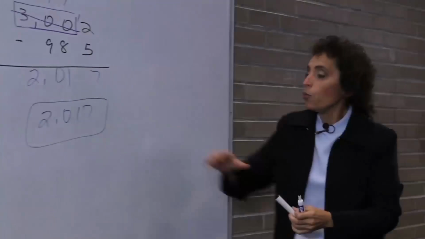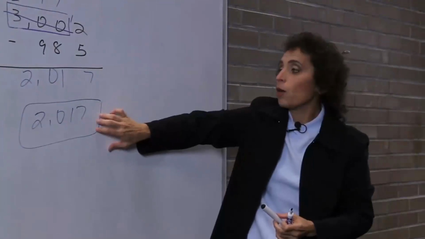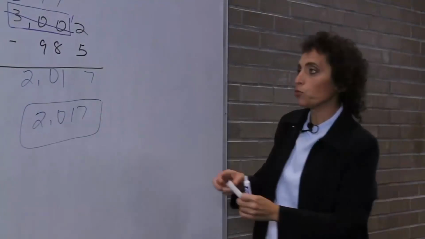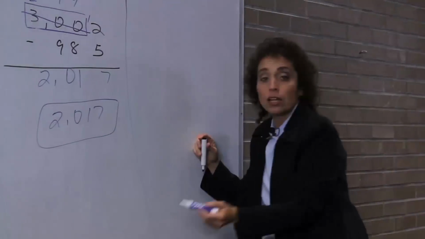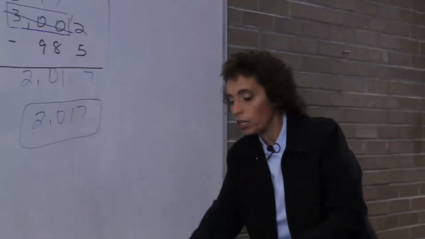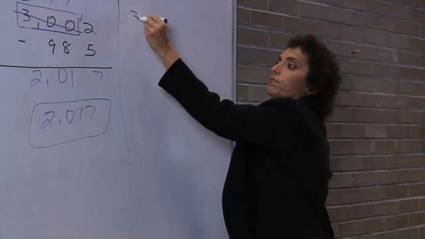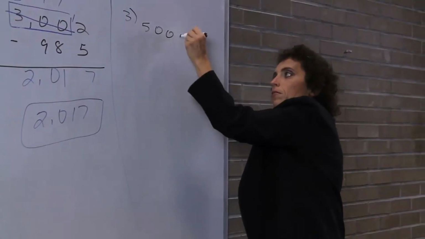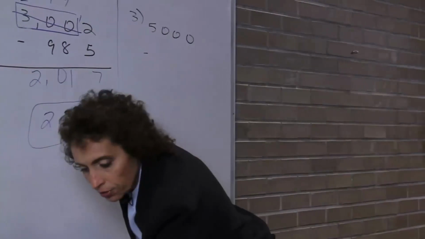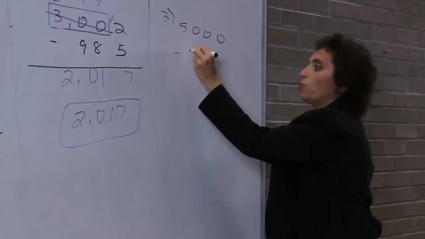And of course, we can show you later that you can check this by adding, okay, because the opposite of subtraction is addition. Now, number 3, we're going to have another one so you can see another example of this. So let's look at 5,000 minus 2,549.